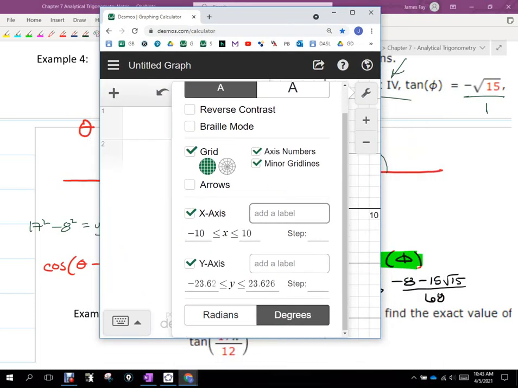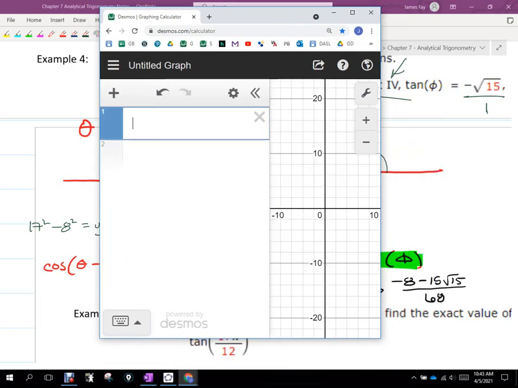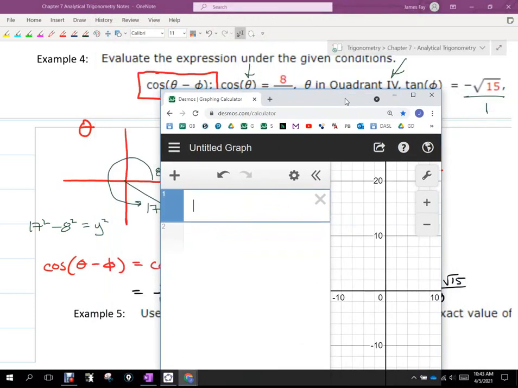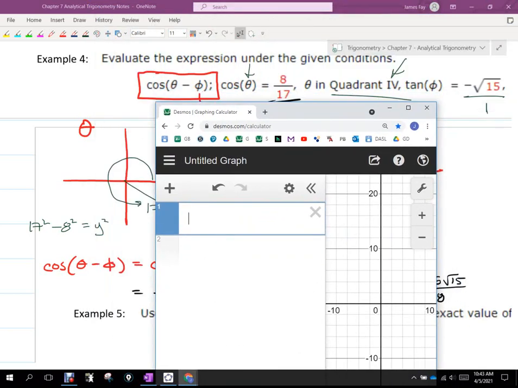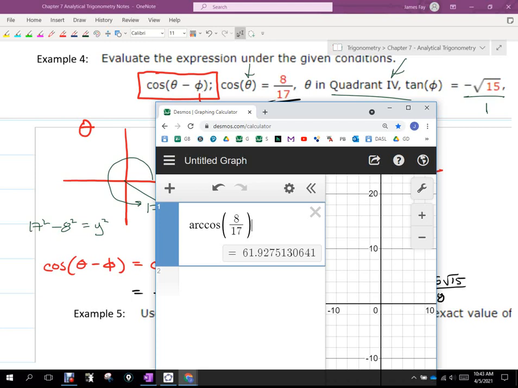We'll be in degrees here. Okay, so we're good. They tell me that cosine theta is 8/17. So if I go cosine inverse of 8/17, that should be theta. Does that make sense? Now, just be careful, because is this a fourth quadrant angle?